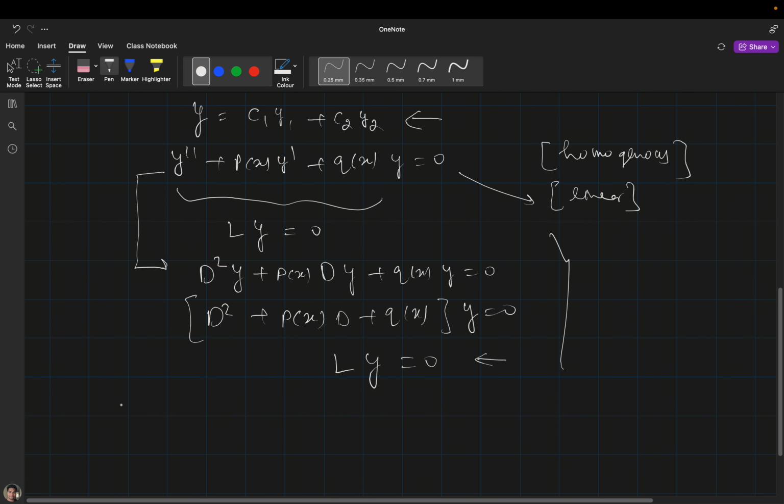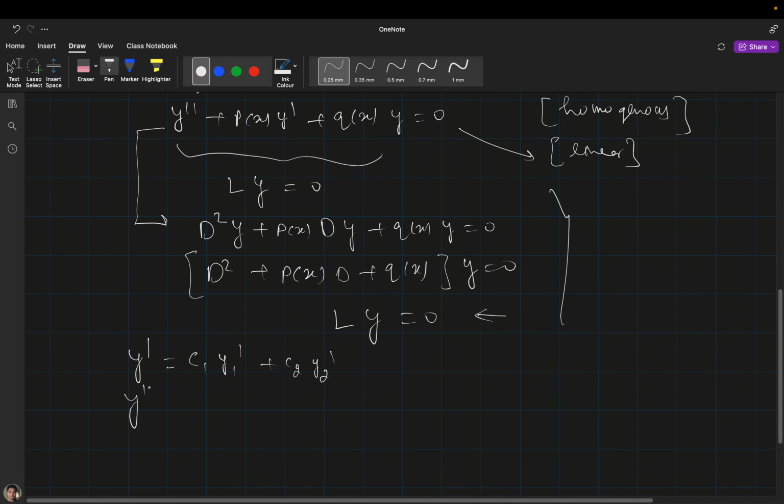So how will I prove it? If this is the solution, then I can write y dash equals c1 y1 dash plus c2 y2 dash. Similarly y double dash will be c1 y1 double dash plus c2 y2 double dash.